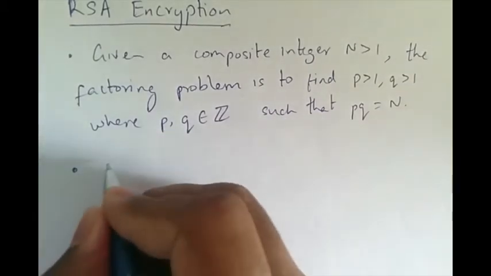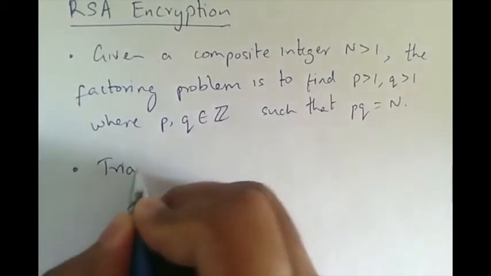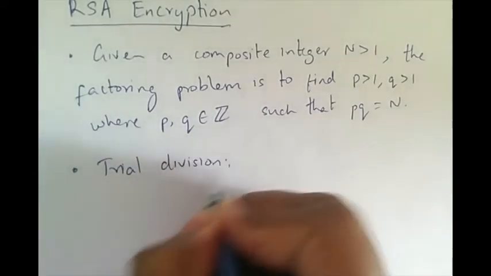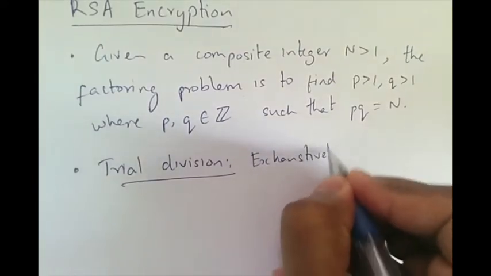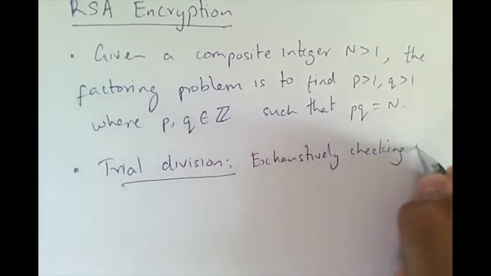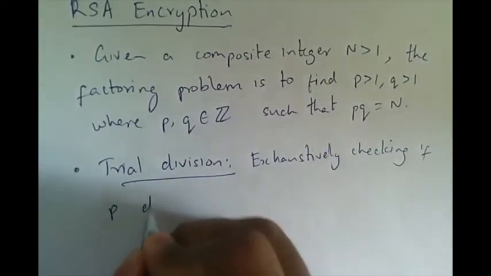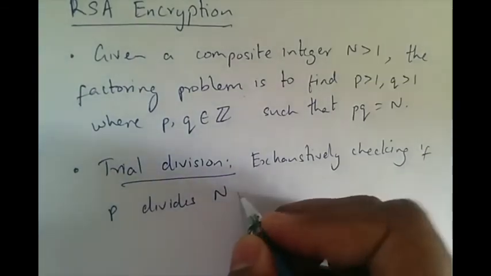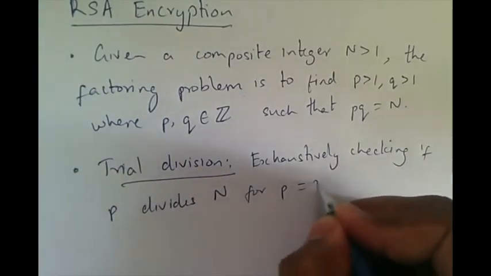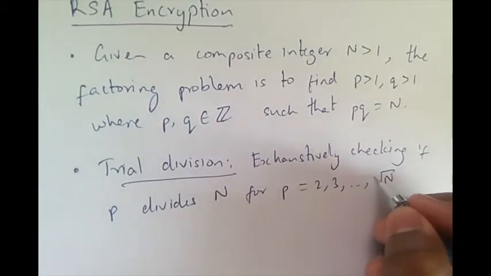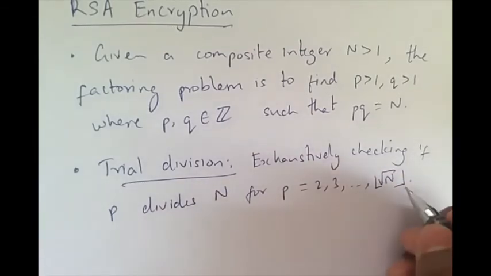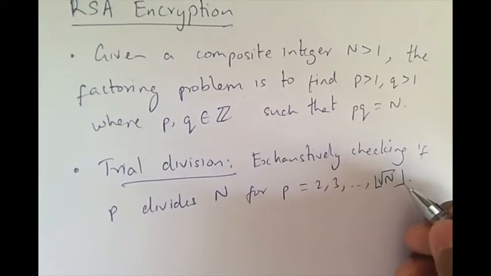So you just exhaustively check if p divides n for p from 2 to the floor of square root of n, the largest integer which is less than or equal to square root of n. So I keep checking this.